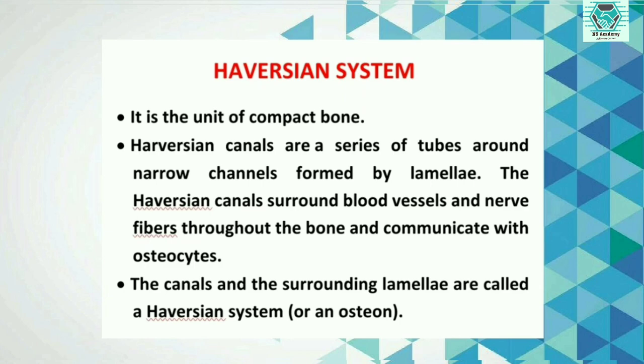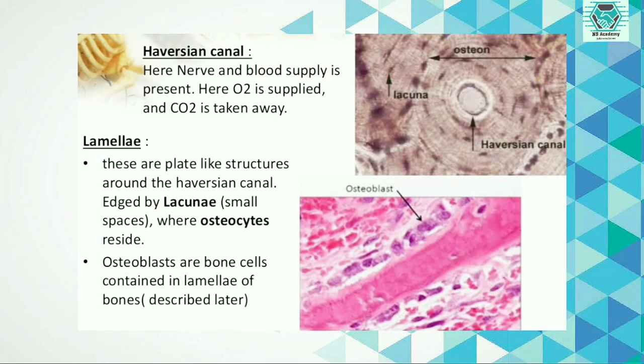Between the adjacent layers, there are tiny spaces which are called lacunae. Next, these lacunae are also arranged in circles around the Haversian canal. A number of fine wavy channels run out from all around the lacuna and are known as canaliculi.